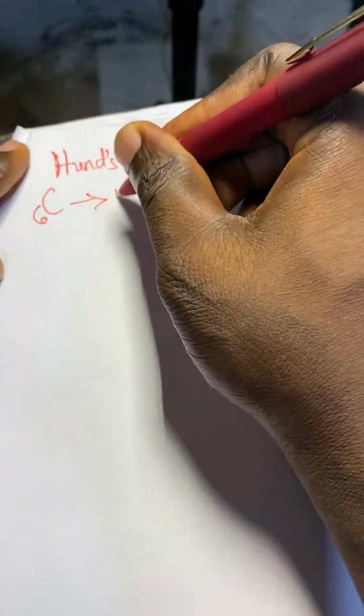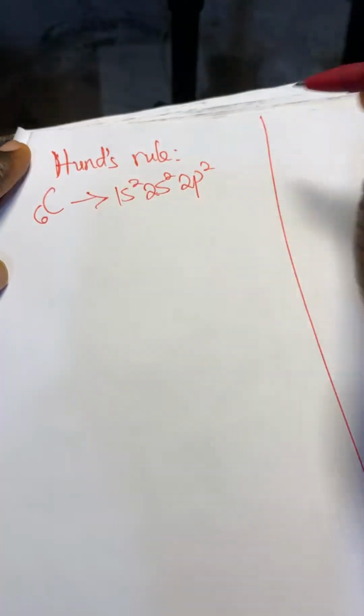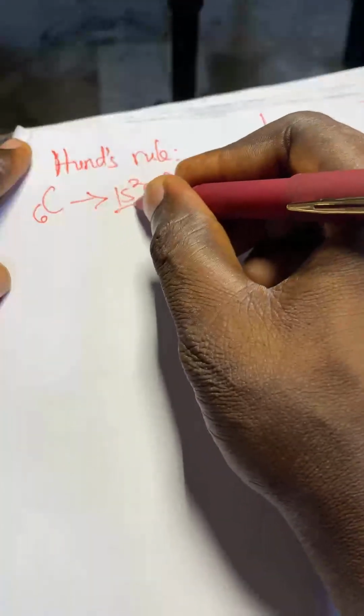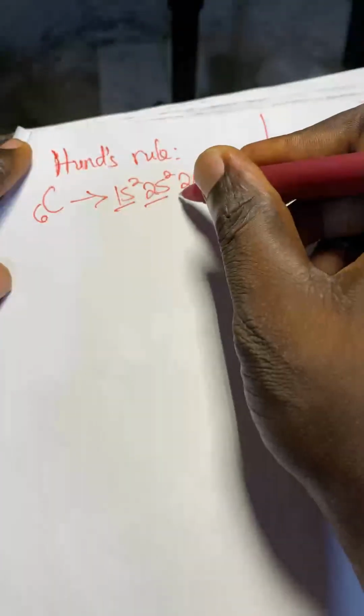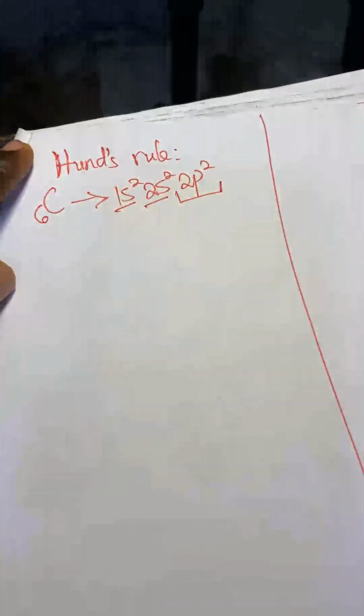For instance, if you look at a carbon atom, carbon has 6 electrons, and of course we have 1s2, 2s2, and 2p2. Are you seeing it now? We don't have an issue with this, we don't have an issue with this. The issue is this one, because it is not a completely filled shell.